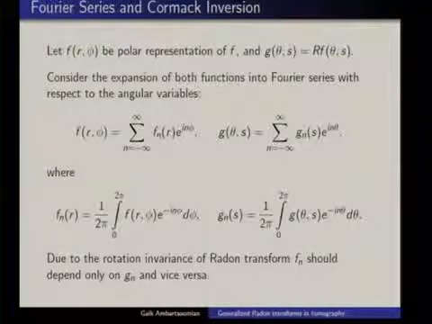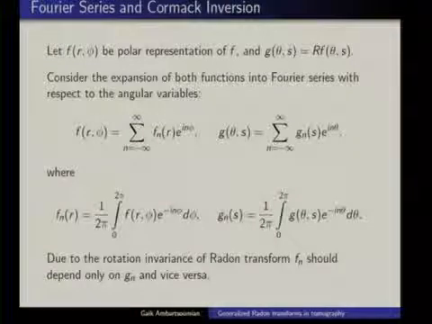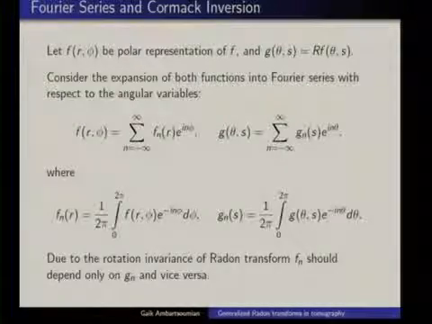So f is going to be a function of r and phi. And then I'm going to expand my function into a Fourier series where the coefficients are going to be functions of r, because it's periodic in phi. I'm also going to expand my data into a Fourier series with respect to the angular variable. S is going to be a parameter in the coefficients.